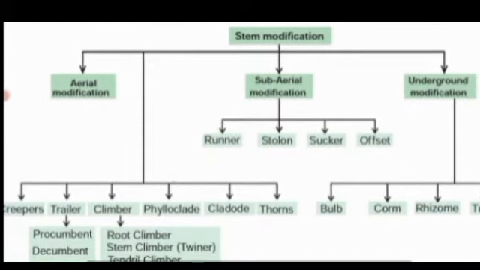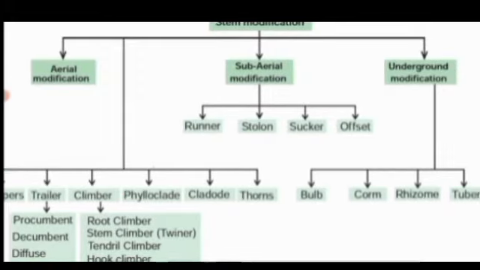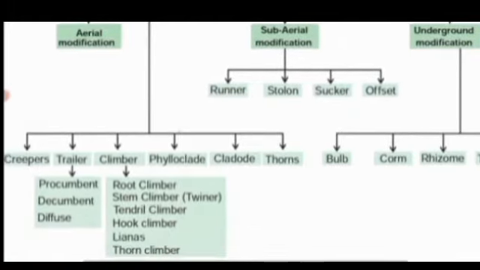The aerial modification is again classified into different categories such as creepers, trailers, climbers, cladode and thorns. Subaerial modifications are classified into runner, stolon, sucker and offset. Underground modifications are bulb, corm, rhizome and tubers. These modifications are seen in the underground region.